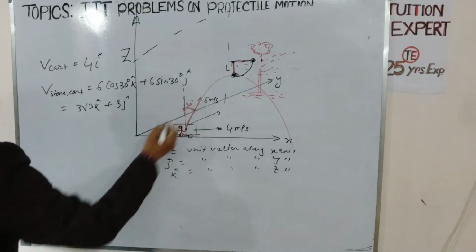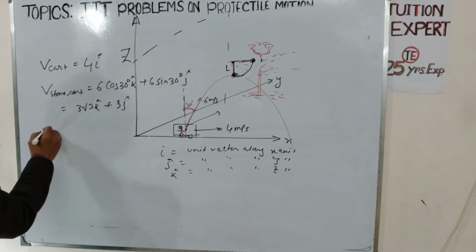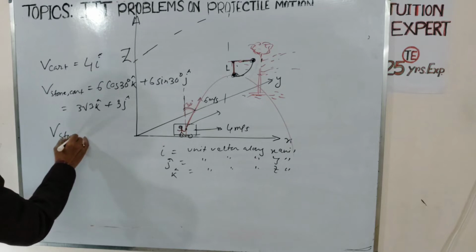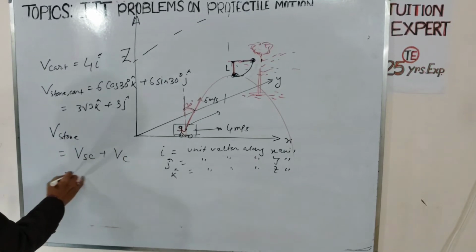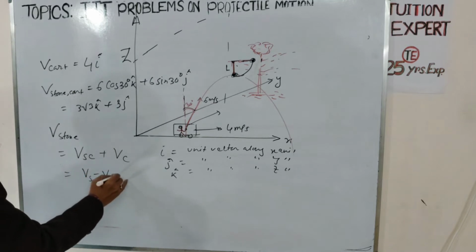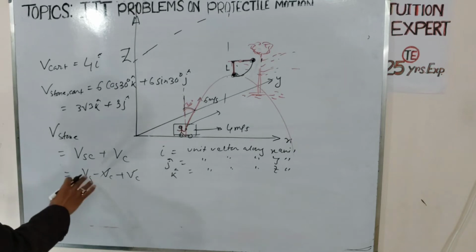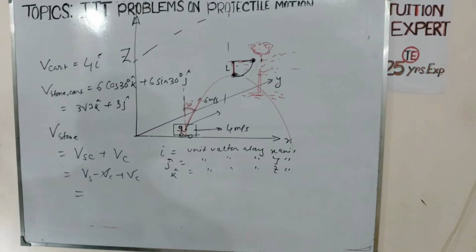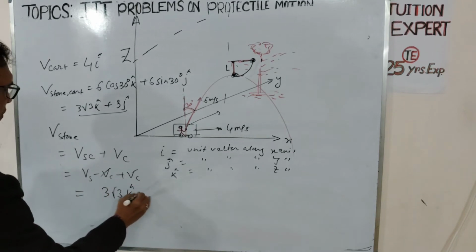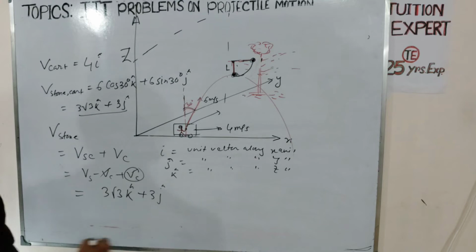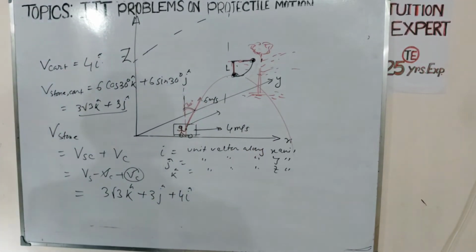When the stone is in air, we consider only the actual velocity of the stone. So the actual velocity of the stone is the velocity of stone with respect to cart plus the velocity of cart, because vsc means vs minus vc, so vs equals vsc plus vc. So vsc is 3 root 3 k plus 3j, and the velocity of the cart is 4i.